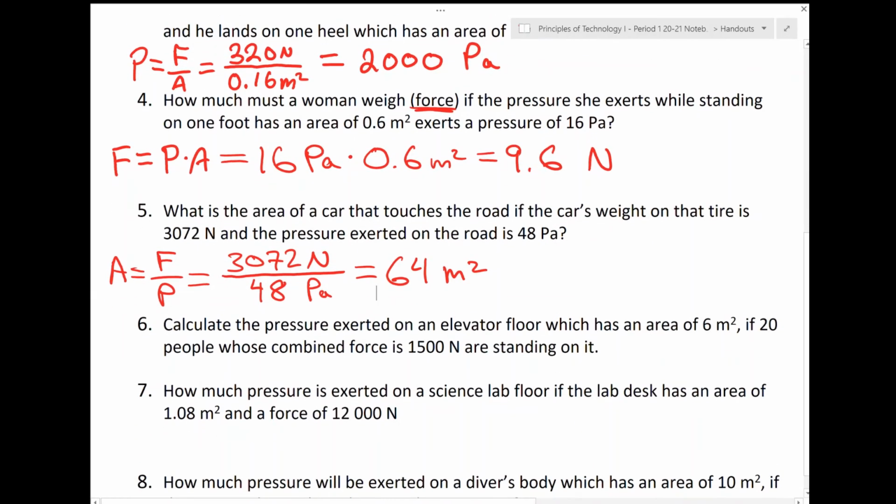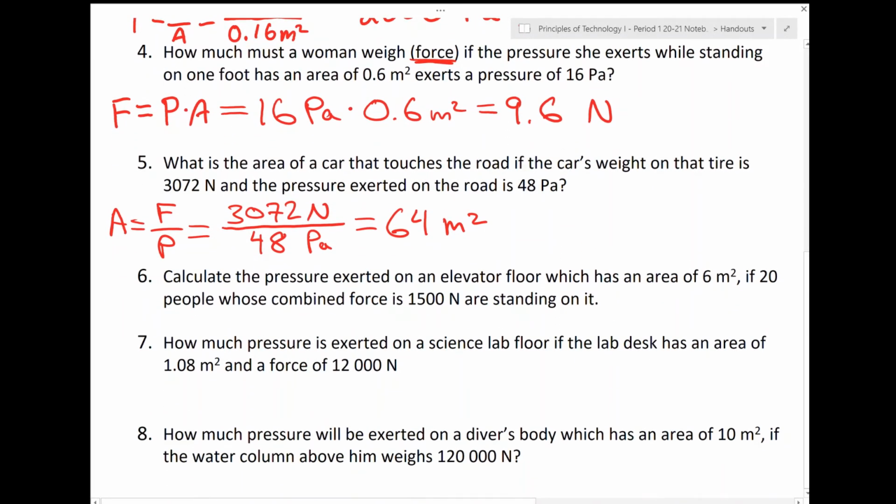Number 6. Calculate the pressure exerted on an elevator floor, which has an area of 6 square meters, if 20 people whose combined force is 1,500 newtons are standing on it. So here, the 20 people doesn't matter because they already combined the force of them, which is their total weight, to be 1,500 newtons. So we're looking for pressure. We're going to go back to our equation.